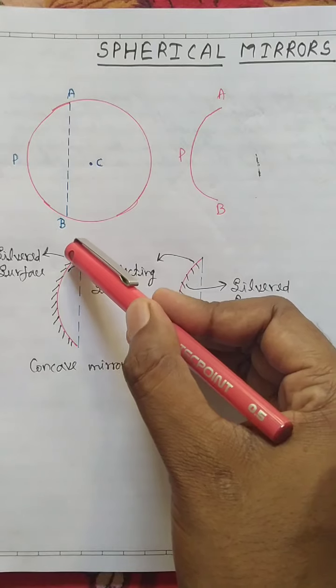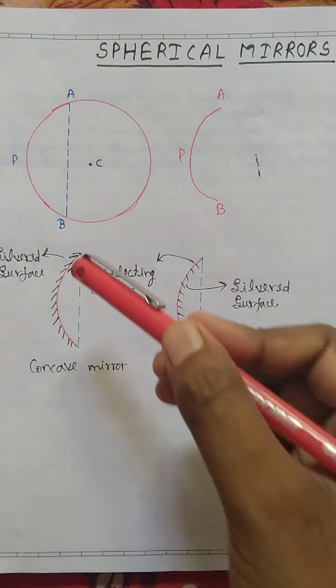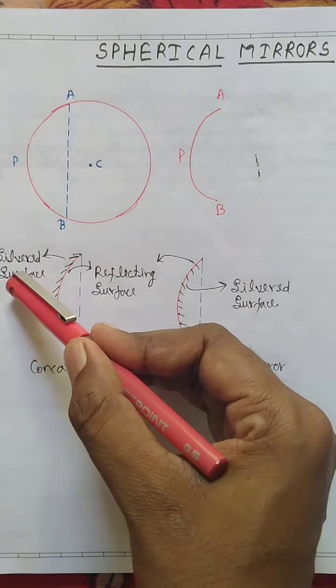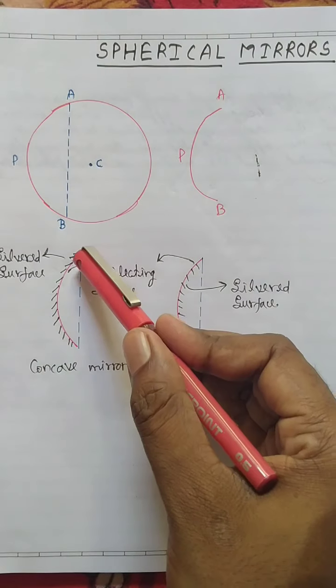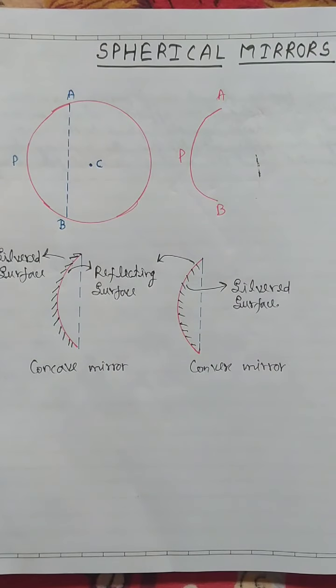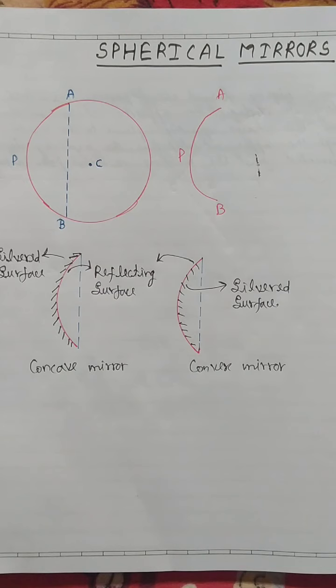That means the bulging out surface is the silvered surface, and the bulging in surface is the reflecting surface. I repeat, a spherical mirror in which the outer bulged surface is silvered and polished and the reflection of light takes place from the inner hollow surface is called a concave mirror.